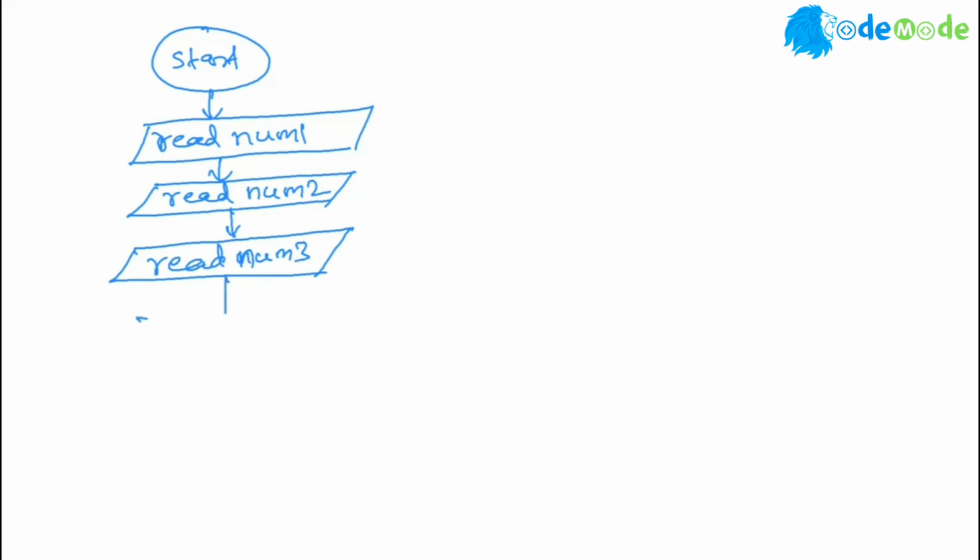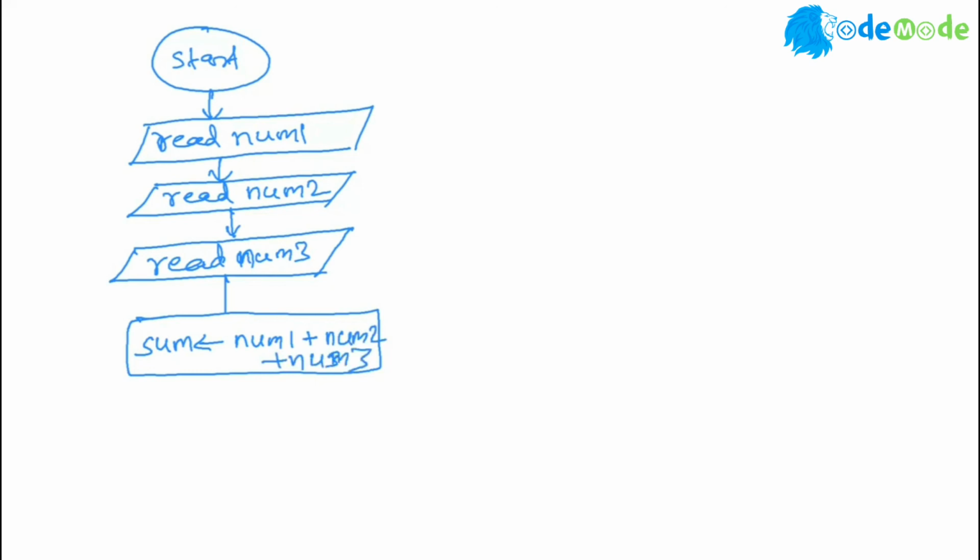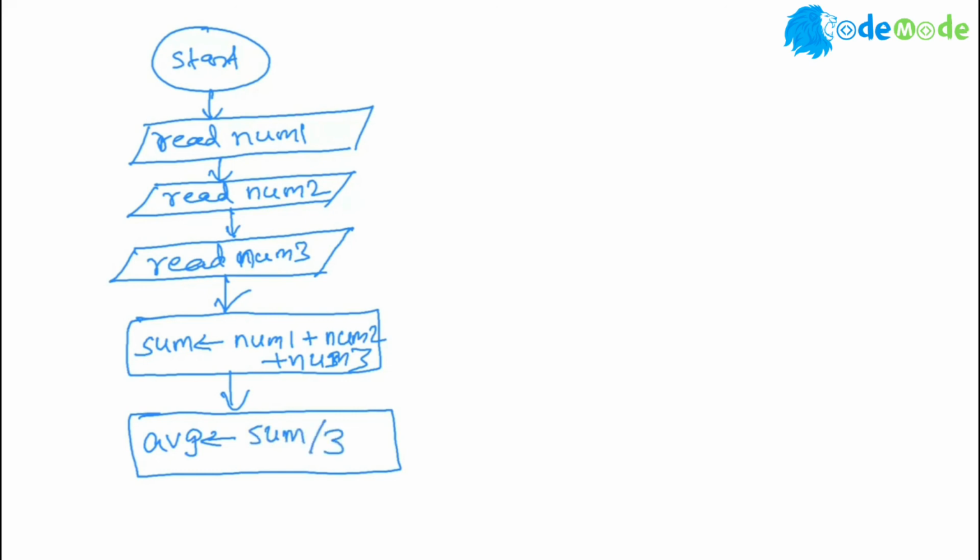Next, I'm going to do the processing, and I'll use one variable here. Let's add the numbers: sum, arrow, num1 plus num2 plus num3. Then I'm going to do one more processing step in a rectangle: average, avg, arrow, sum divided by 3.